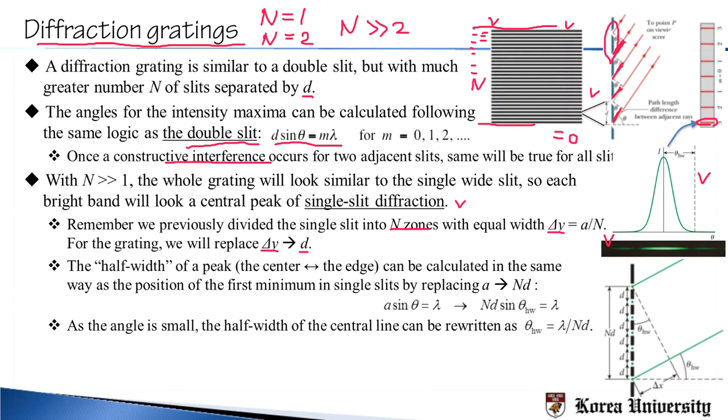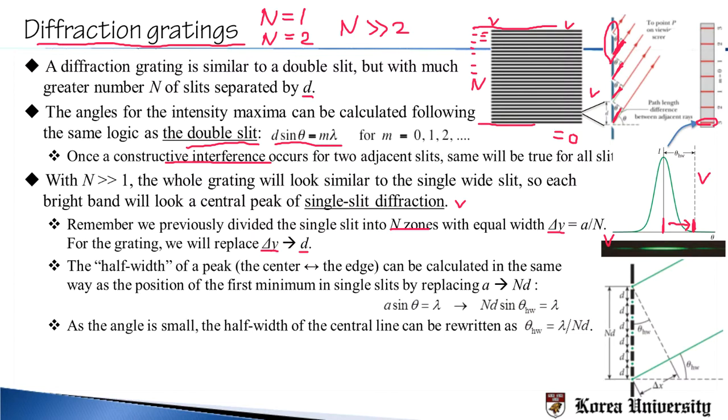So therefore, let's try to figure out the distance between the center and the edge of this peak. Now, this distance in the single slit case corresponds to the position of the first minimum, right? Okay, so therefore, the first minimum in the single slit case corresponds to the edge of the diffraction grating's intensity.